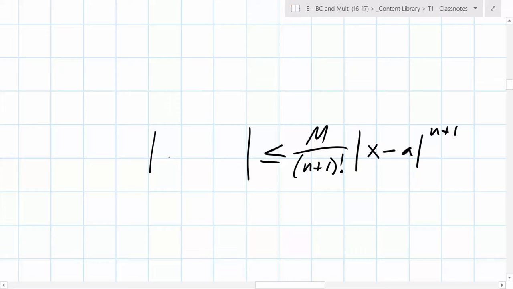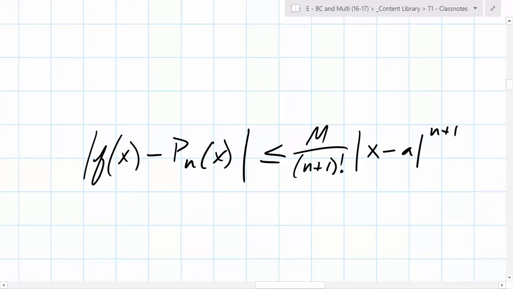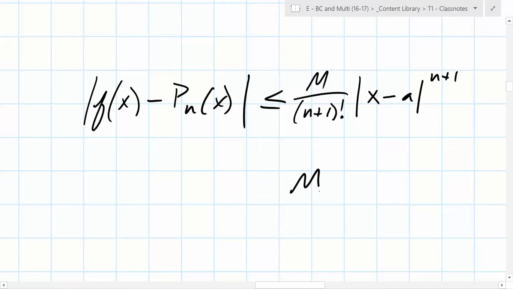The f of x minus the Taylor polynomial. Oh, so you're doing the whole thing here. Got it. So you'd have f of x minus the Taylor polynomial, like this, right? So M, just M right there. What was that greater than or equal to? The derivative of the n plus 1, the n plus 1th derivative, right?